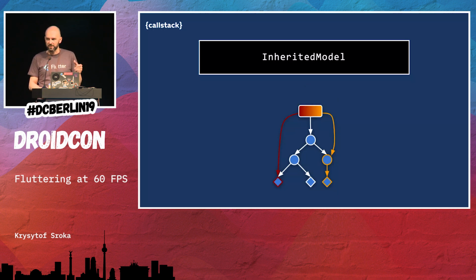Otherwise, if we have a large data set, let's say a table or a grid, and we want to provide each item from that grid or table to widgets separately, we can use inherited model, which actually allows us to do that. The widgets tell the inherited model, hey, I want this part of the data, and they won't be notified if another part of the data is being changed.